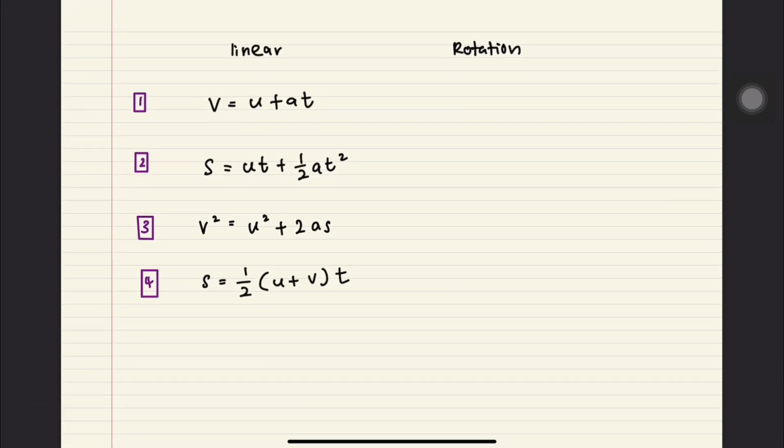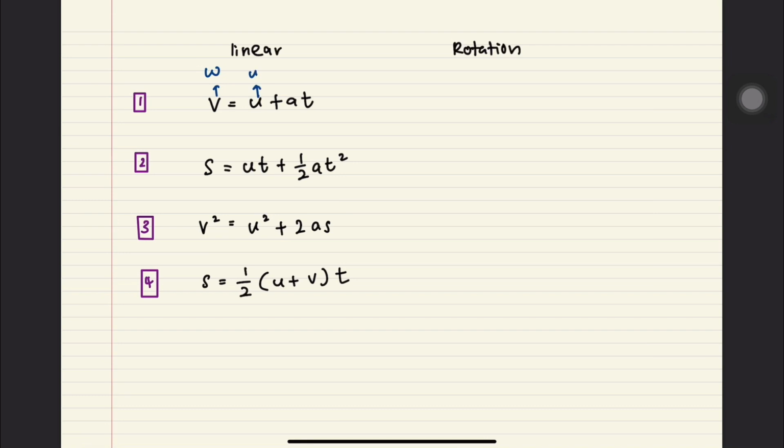And then if you still remember, in topic 2 we have 4 linear equations. These are the equations, and similarly we have 4 in rotational motion. It's just that you have to change the symbols from linear to rotation. Previously we have v, now we have omega, so velocity becomes omega.